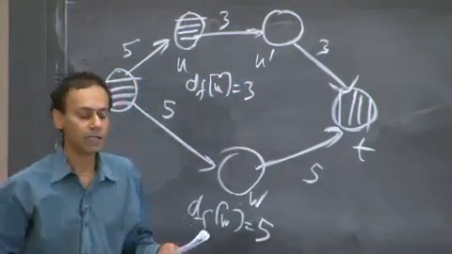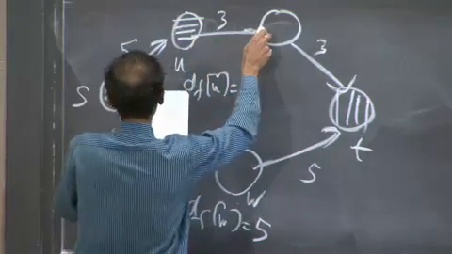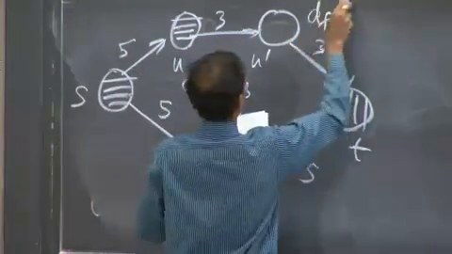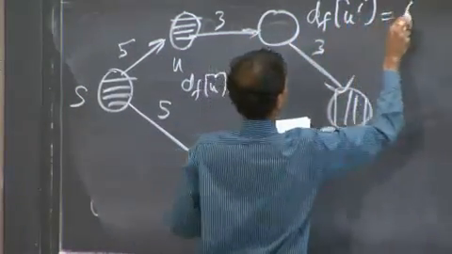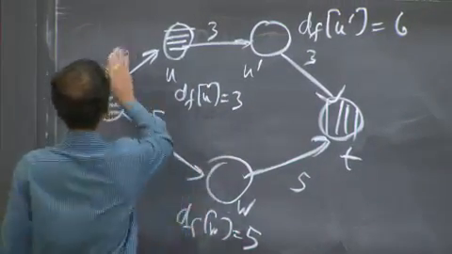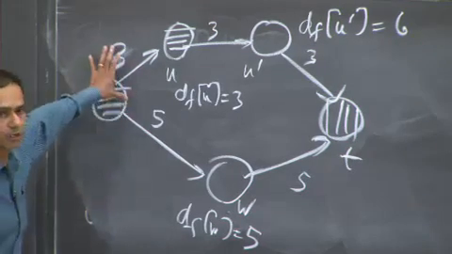So extract min is obviously going to pick U, and it's going to process this edge now after extract min. And I'm going to have dF of U prime equals 6. Okay? Oh, there's 3 over there. Thanks. Good. So far, so good?